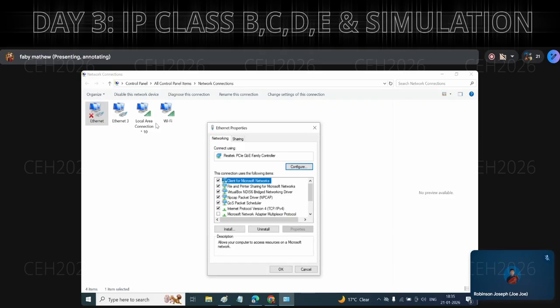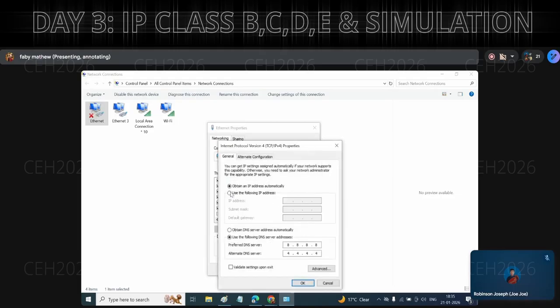What I have to do is click on the TCP/IP protocol and click on properties. Then, if you want to configure the IP address, click on use the following IP address and define the IP address. From the start, I am going to show you. First, I am showing you class C IP addresses.